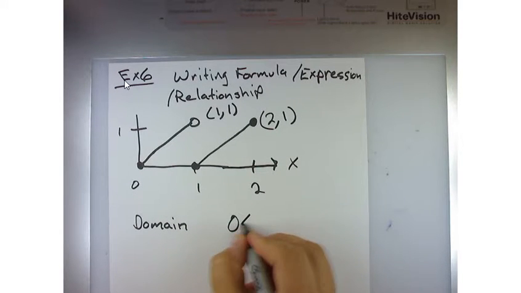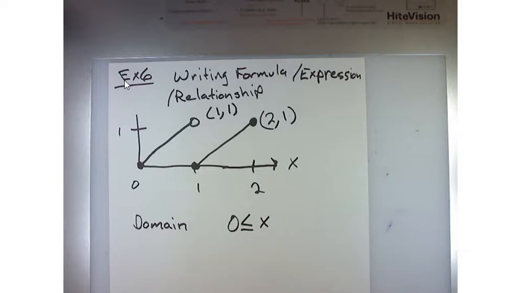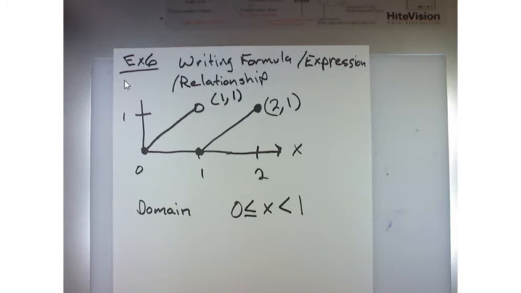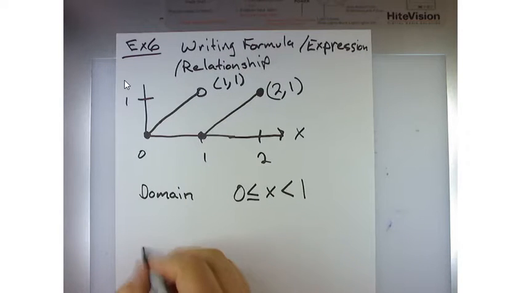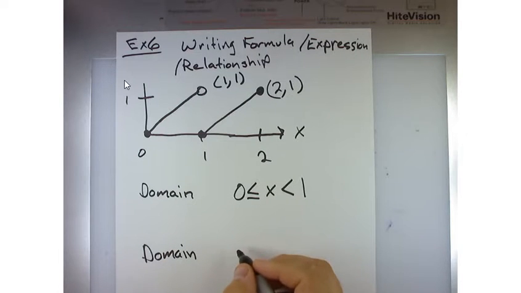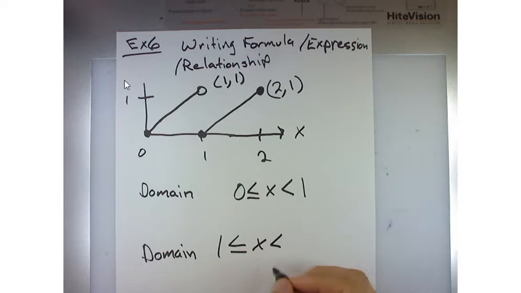We can include 0. Now what's the upper boundary? It's 1, but it doesn't equal 1. It's anything up to 1. Okay, so that's that first line. Now the second line, if we look at the domain, it starts where? At 1. Does it include 1? Yes. And where does it end? 2. All right.